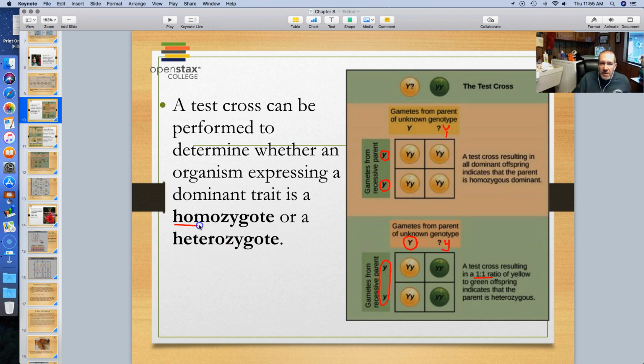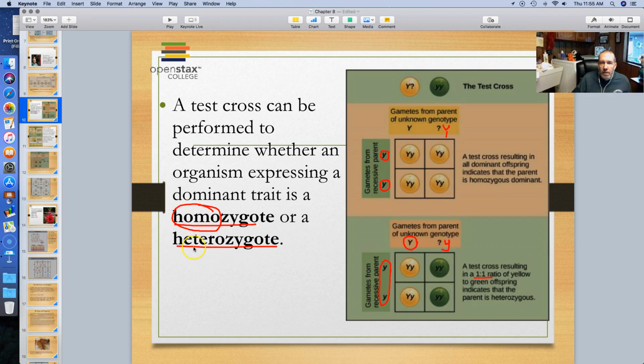And that brings us back to these terms, homozygous and heterozygous. When we're referring to the allele combinations, if they're the same, in other words, both uppercase dominant alleles or both recessive alleles, the Latin root word homo means similar, same, one.